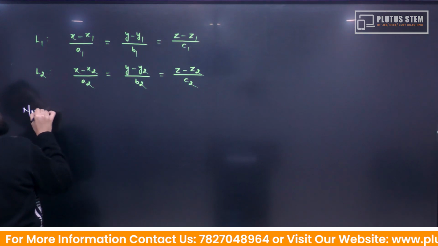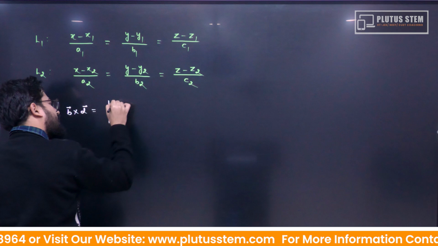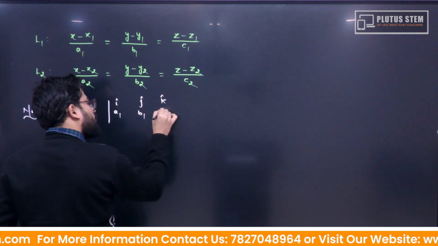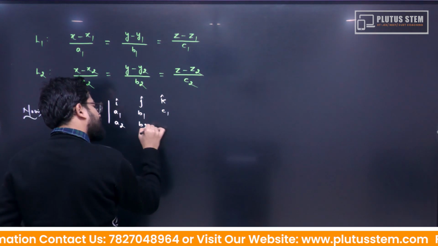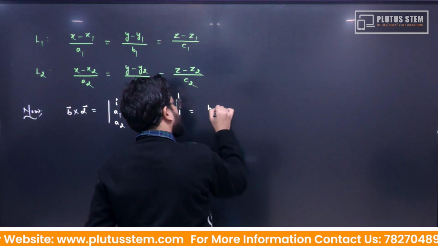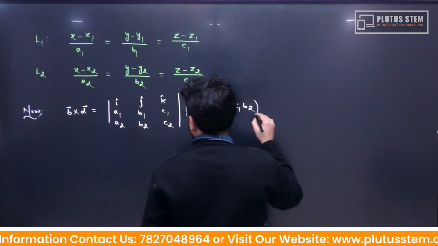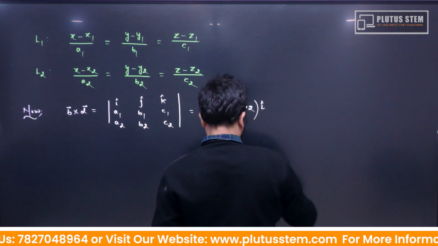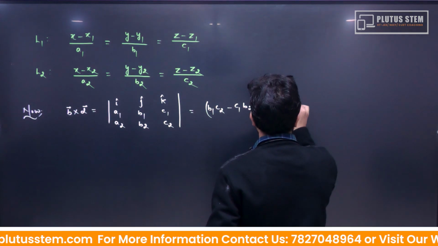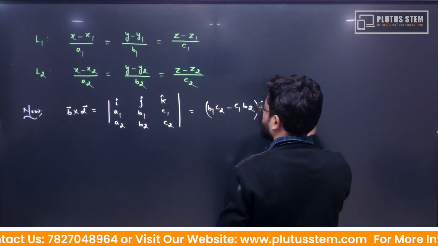So now I am calculating B cross D, that is, i cap, j cap, k cap, and this is A1 B1 C1, A2 B2 C2. This gives i cap (B1 C2 minus C1 B2) minus j cap (A1 C2 minus C1 A2).